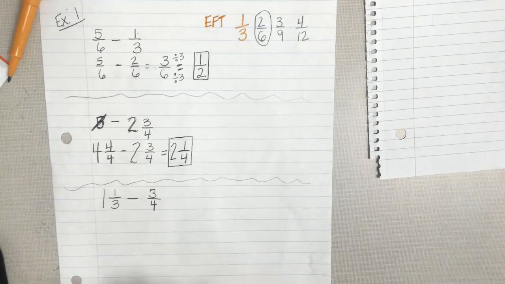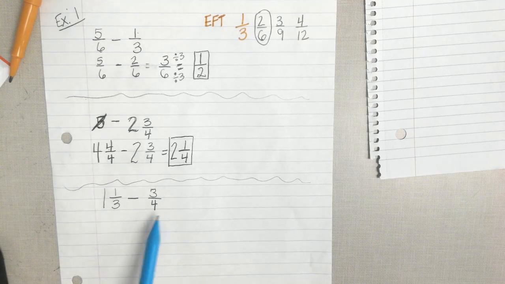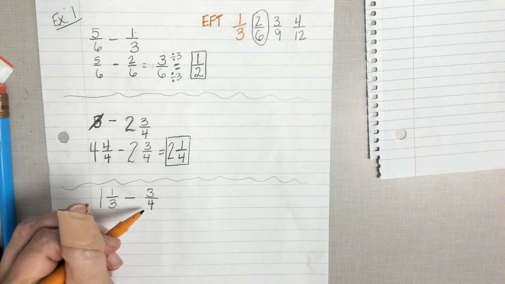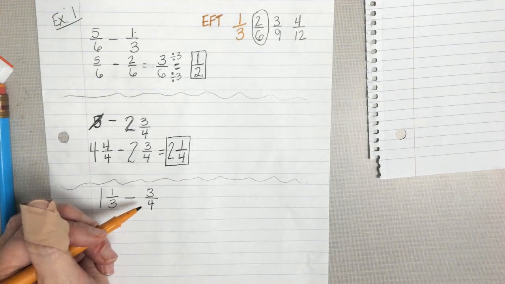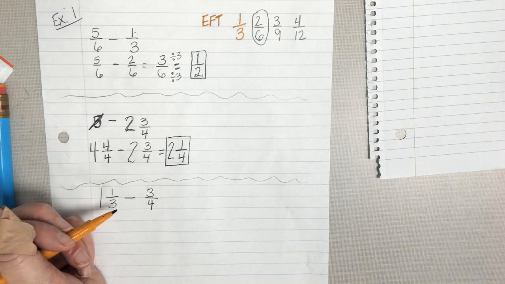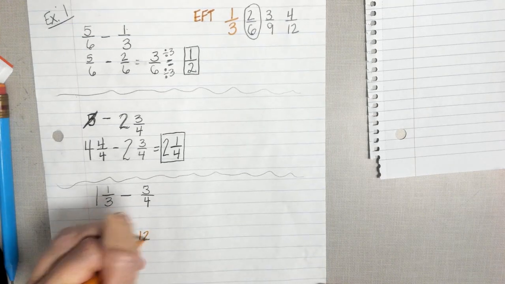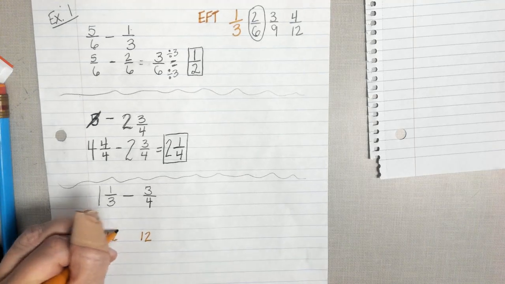But now, what happens when we have 1 whole and 1/3 minus 3/4? So of course, neither one of these has common denominators, so we have to rename our denominator. So I'm thinking to myself, what would be a denominator that 4 and 3 could share? That's right, 12. So for this example, I'm going to use my friendly number 1.